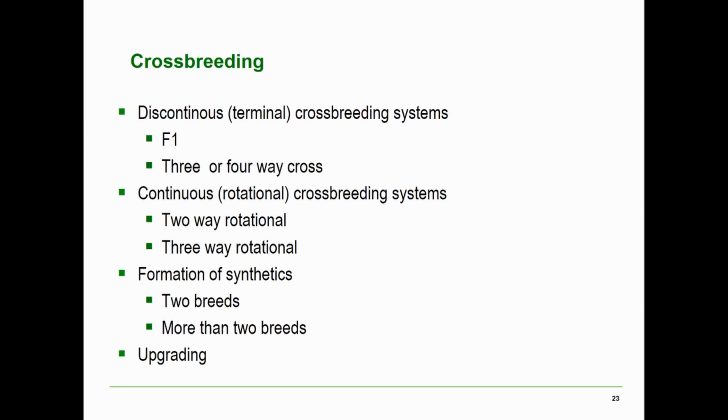Now, I mentioned that there are some strategies in terms of breeding approaches, and crossbreeding is one of the, I would say, favored ones that is done in a lot of places. And for crossbreeding strategies, there are a lot of variations and possibilities.